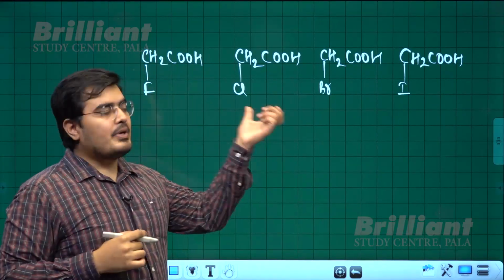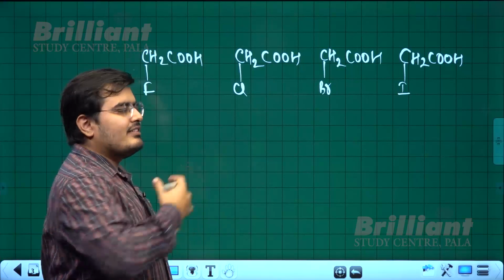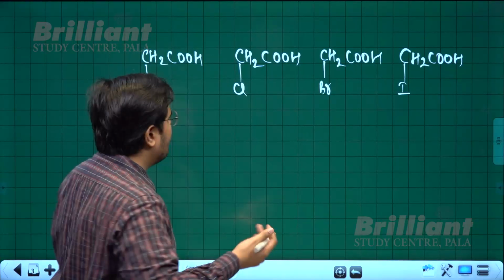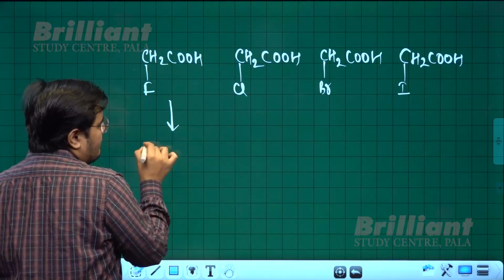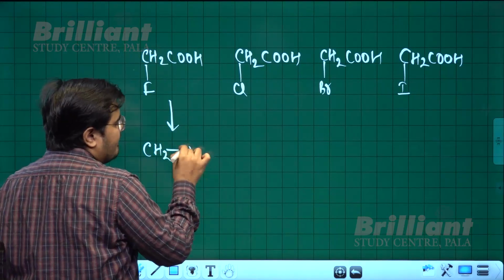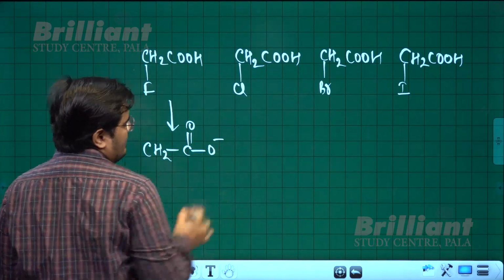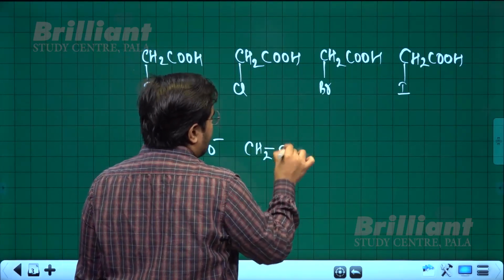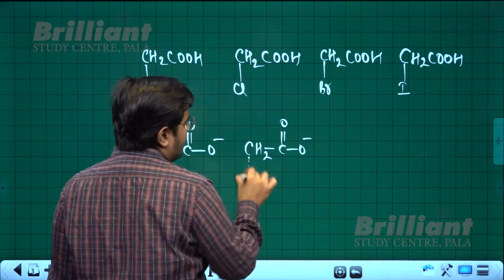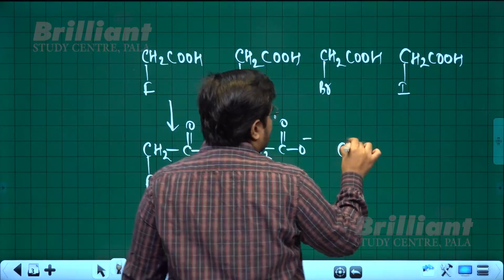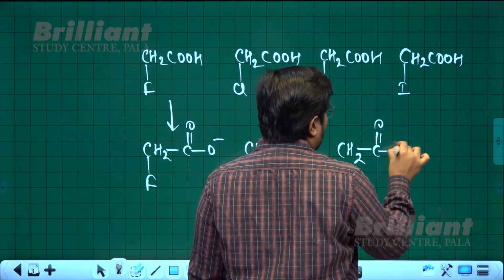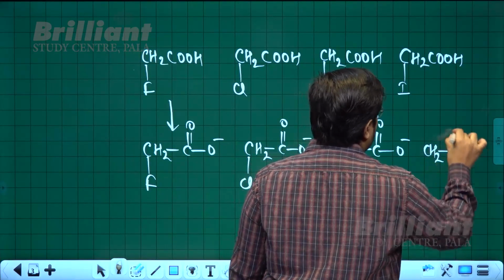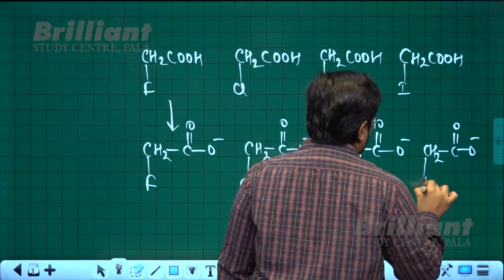So if I have to compare the acidity of these differently substituted carboxylic acids, then I always compare it with the stability of its conjugate base. That means the stability of its conjugate base will be the deciding factor for which is going to be more acidic. So here we are having fluorine, here we are having CH2, C double bond O minus, chlorine, CH2, C double bond O minus, bromine, and CH2, C double bond O minus, iodine.